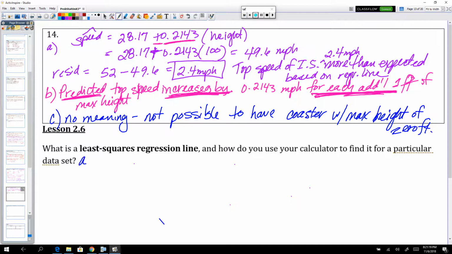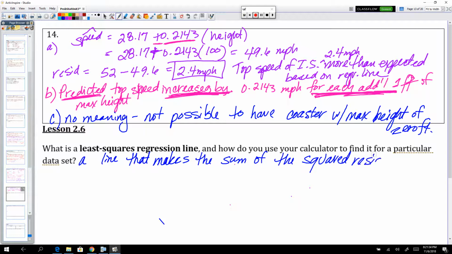It's a line that makes the sum of the squared residuals as small as possible.